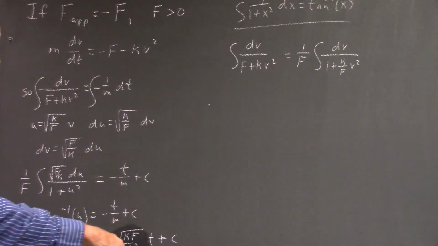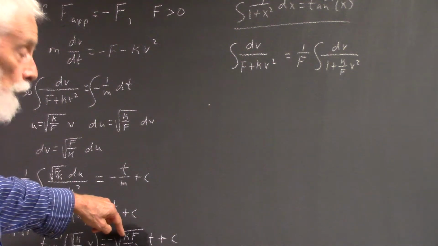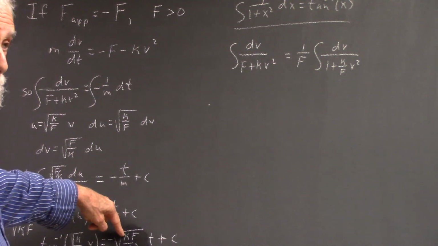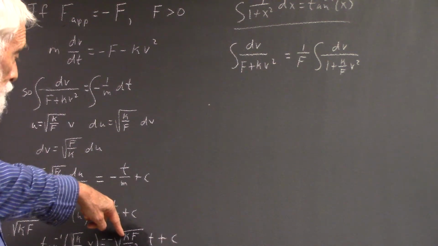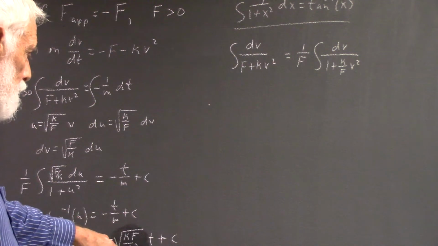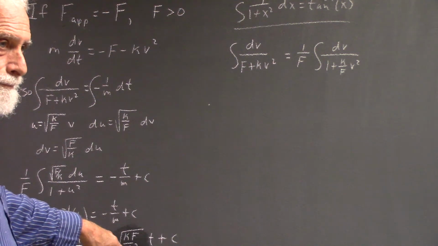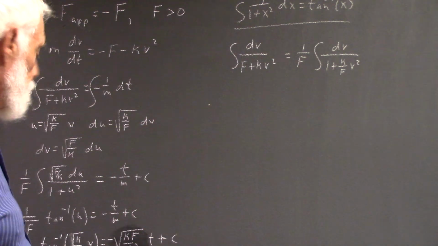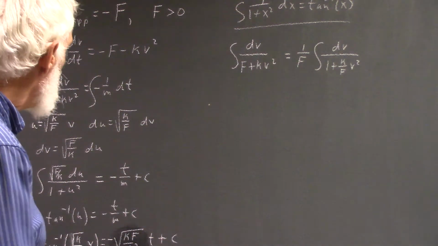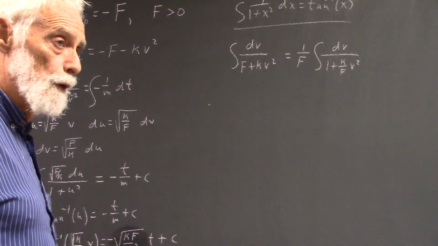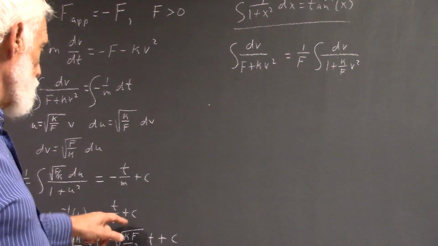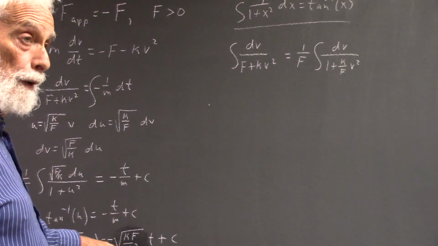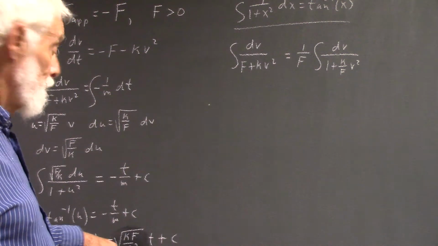Now, this is some constant multiple of t that depends on how strong your drag force is. It's a function of v, and inversely proportional to m. And then your applied force. So more drag force, more applied force gives you a bigger constant here. A bigger m gives you a smaller constant.